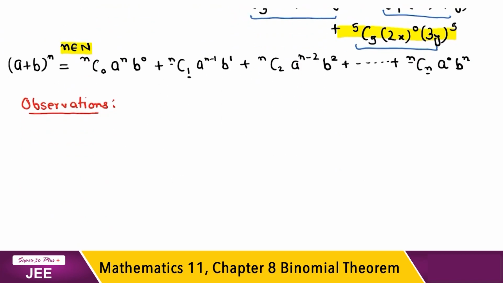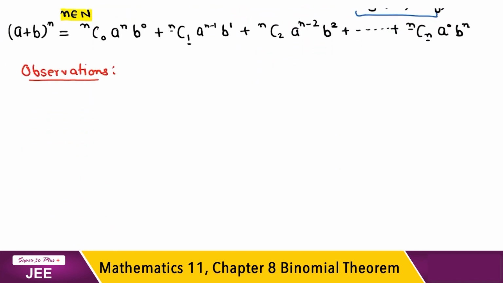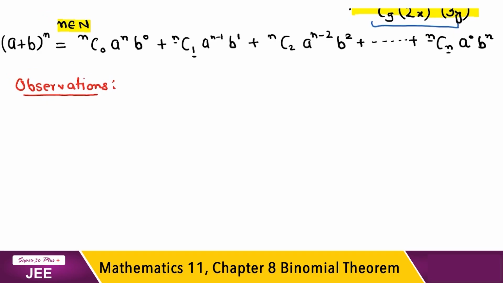Similarly, in (a + b) whole raised to the power n, this is the first term, this is the second term, this is the third term. In the first term we have nC0, in the second term we have 1 over here, in the third term we have 2 over here. So this must have been which term? The (n + 1)th term, because here we have written n as the lower subscript. Are you getting my point?